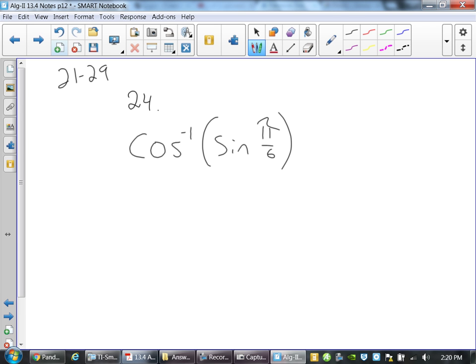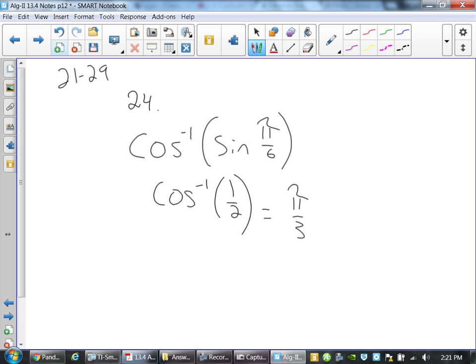You still work through the order of operations. So what's the sine of pi/6? That's a 30-degree angle, but what's its sine? 1/2. So what angle has a cosine of a half? 60. But you're in radians, so it's pi/3.